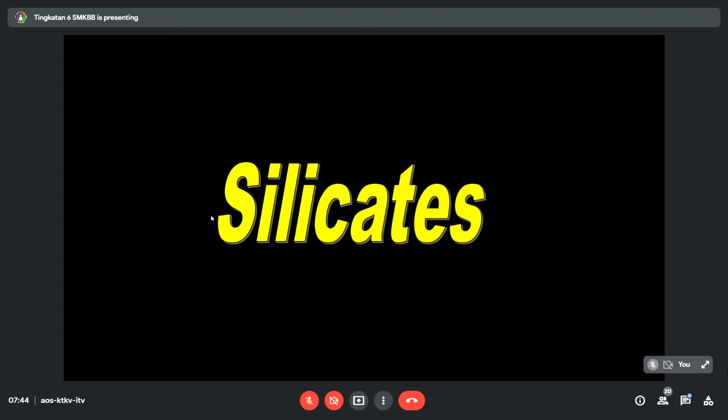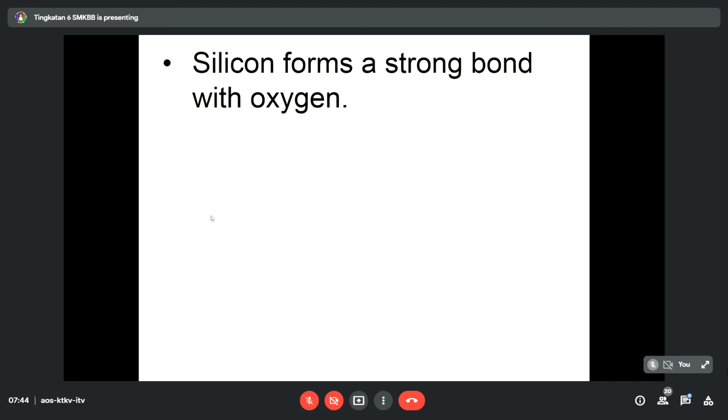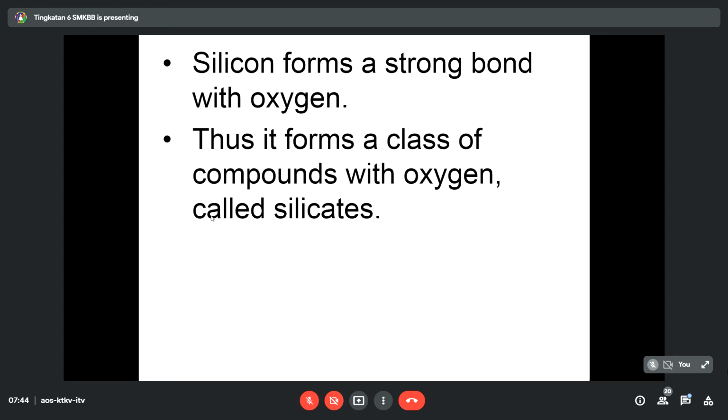Now, silicates. Silicates, of course, are compounds. Silicon forms a strong bond with oxygen, so that means it forms a class of compounds with oxygen, which we call silicates.